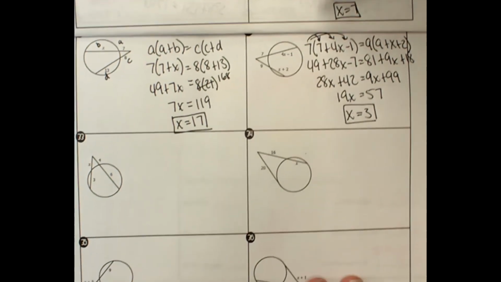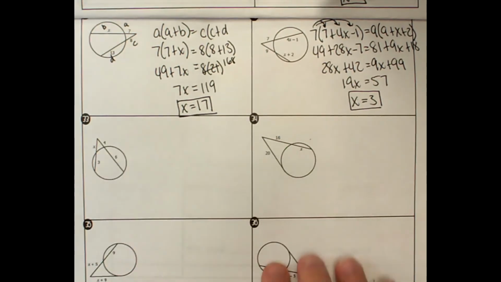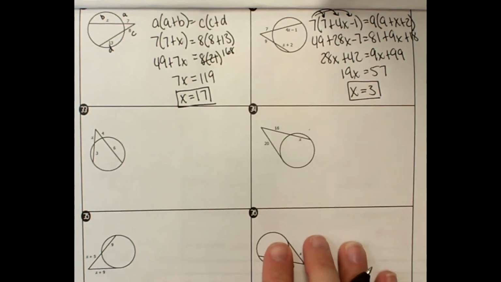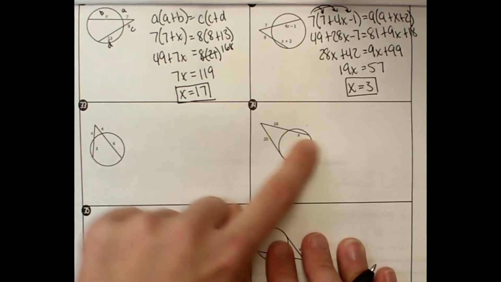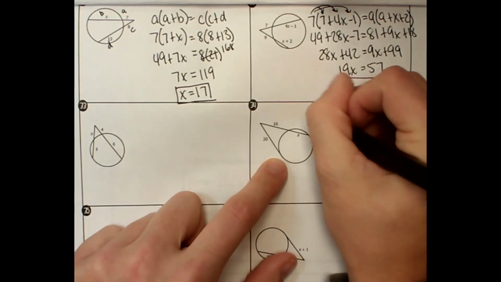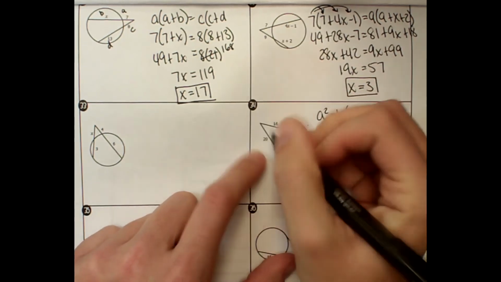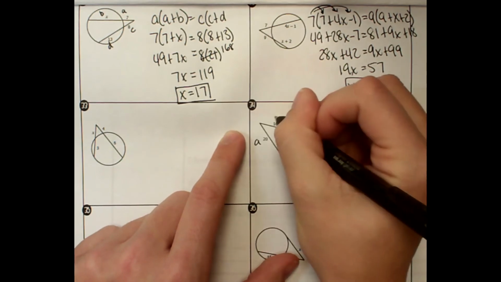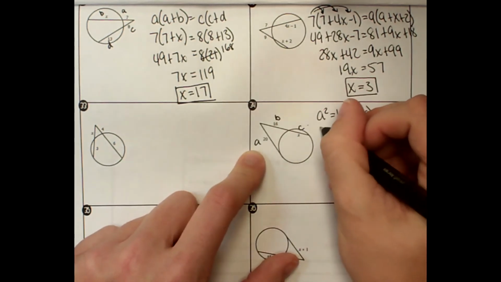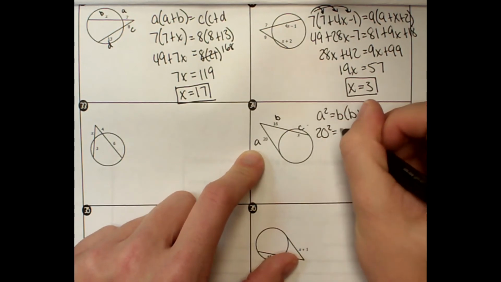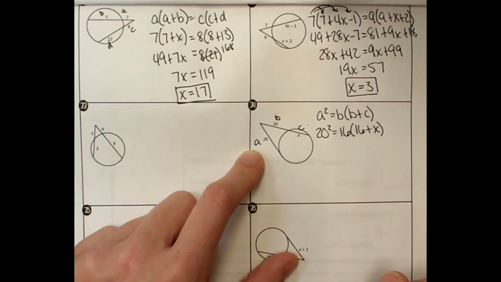If we look at number 33, I'm going to skip it because it's just like 31. Number 34 is a tangent and a secant. So here's my tangent and here's my secant. Remember, you have A squared is equal to B times B plus C. So this is your A, this is the B, and this is the C. When you substitute in, you have 20 squared is equal to outside times outside plus inside.